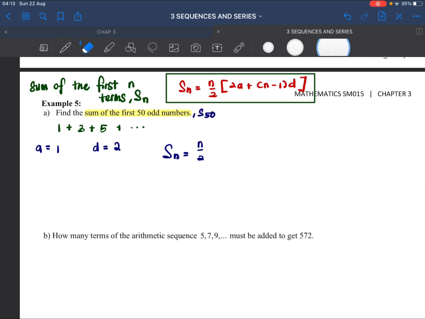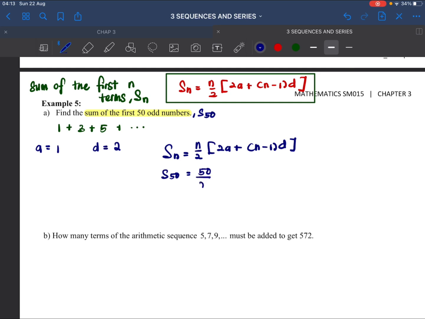Okay, so we have Sn equals n over 2, 2a plus n minus 1 d. Remember, I said for every question, make sure to write the general formula first. Okay, it's easy for you to check if your substitution is correct or not. So we want to find S50.